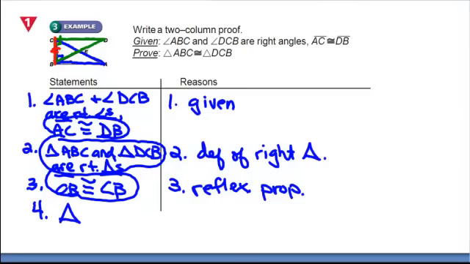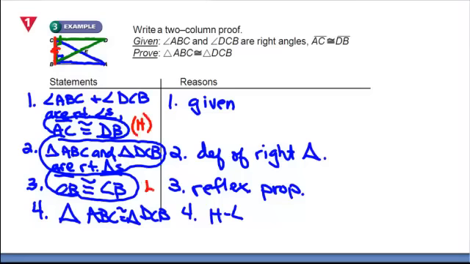So I now know triangle ABC is congruent to triangle DCB, and the reason is because of the HL theorem. Okay, so don't forget, you need three parts. You have to have right triangles, you have to have the hypotenuse. This is my hypotenuse, this is my leg, and I know I have right triangles.